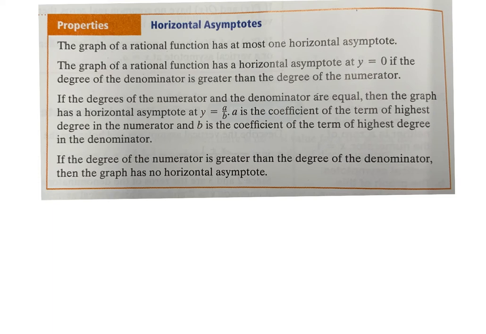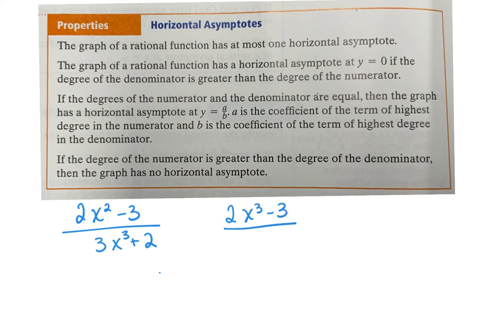All right, so if I give you this example, let's say I have 2x squared minus 3 over 3x cubed plus 2. And then I have 2x cubed minus 3 over 3x cubed plus 2.